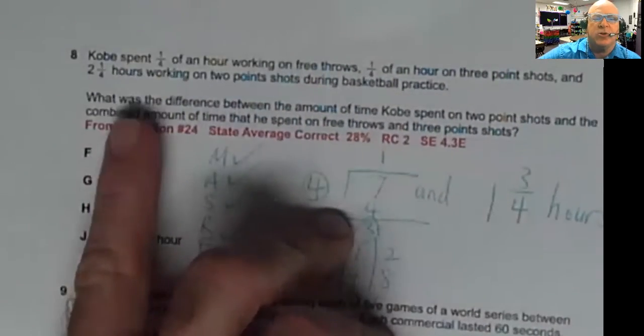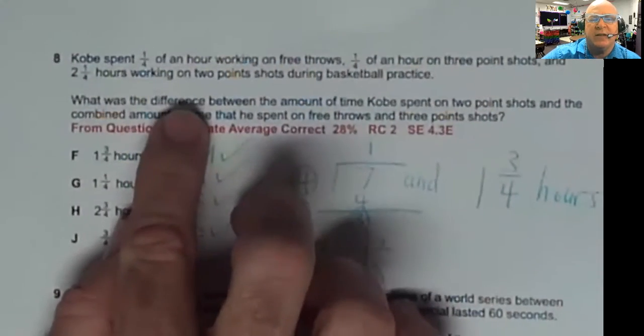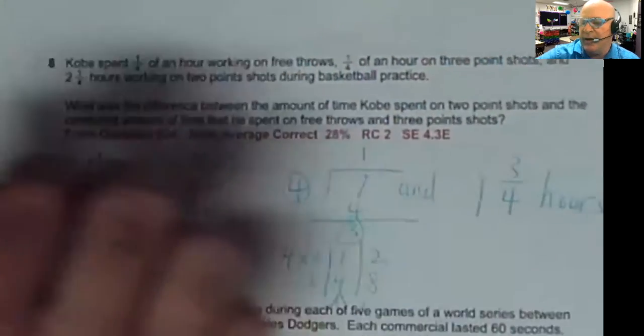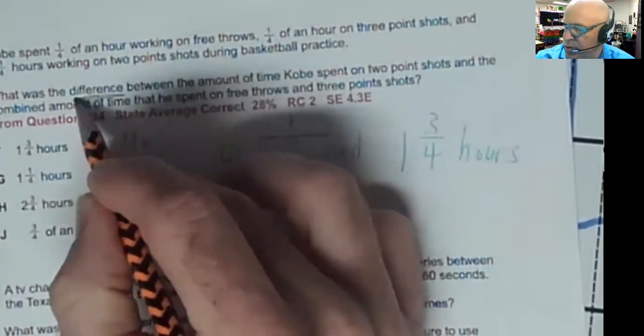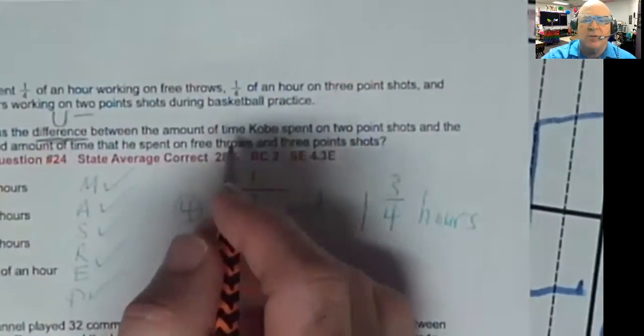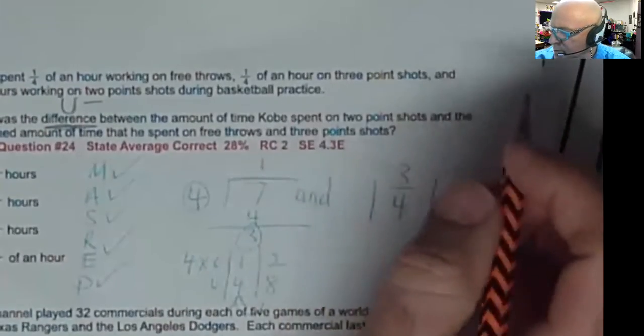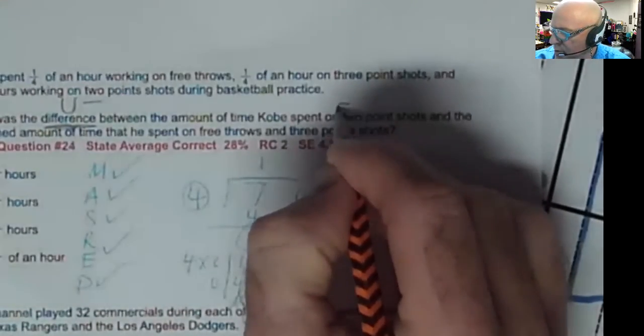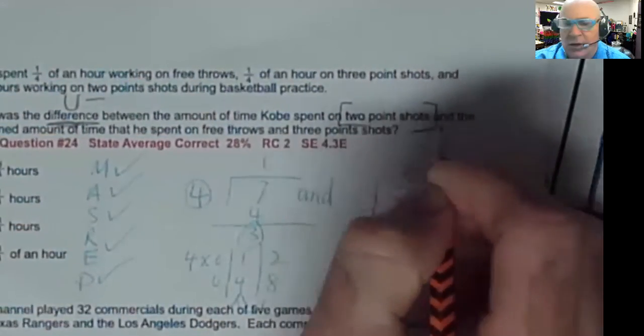So here's the question. What was the difference? You subtract. So since that was an important word, I would underline it and put U, minus, between the amount of time Kobe spent on 2-point shots, honoring Kobe for his life, okay? 2-point shots. We'll find out how much that is.